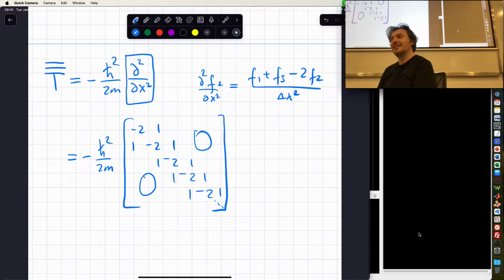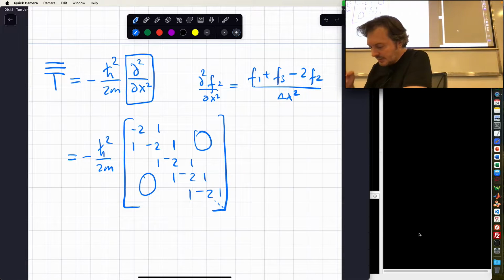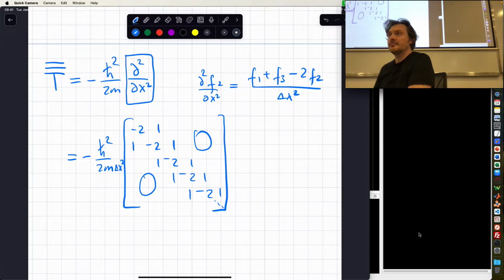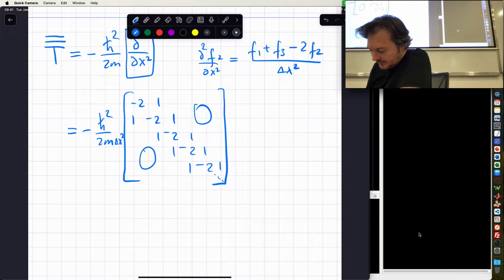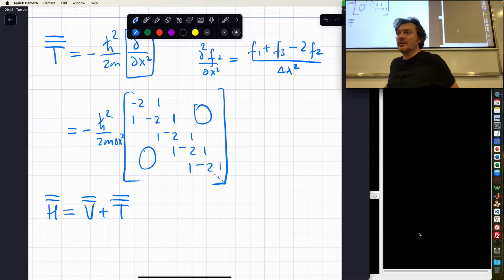Does it make sense to everyone? Of course, I forgot to divide by delta x squared. Okay? So this is the kinetic energy, and this is the potential energy matrix. If you sum them up, you get the Hamiltonian.